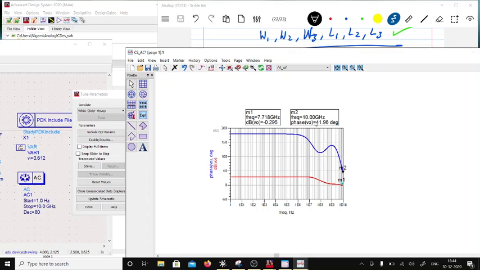Let me delete this marker. And this marker I avoid because I have been telling Agilent to change this marker's values.